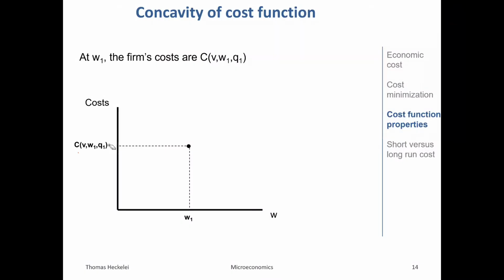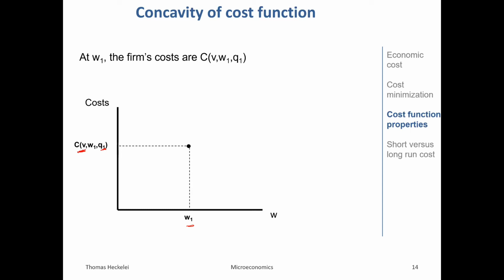Here is what it means for concavity in input price. Suppose we are producing Q1 with input labor price W1 in a cost minimizing manner. So we have already a cost function over here.